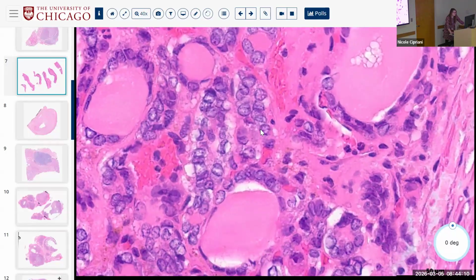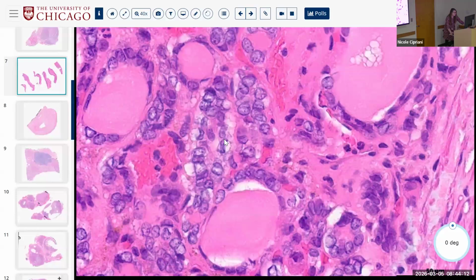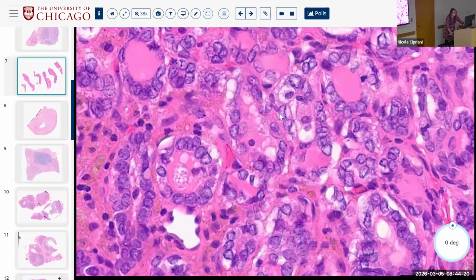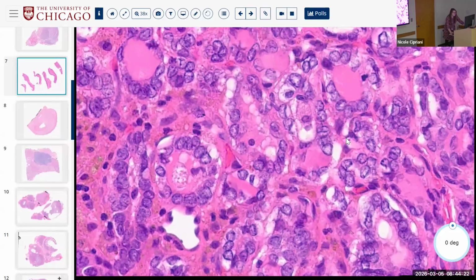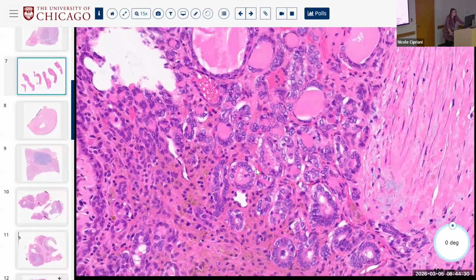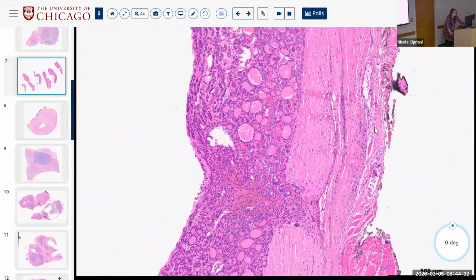So grooves, funny like half moon or like semi-lunar shapes, right? A lot of these demi-lunes. A lot of overlapping and grooves. Right, so now we're starting to build, we're building more, right? We're building more features than just chromatin clearing on the background of round nuclei.